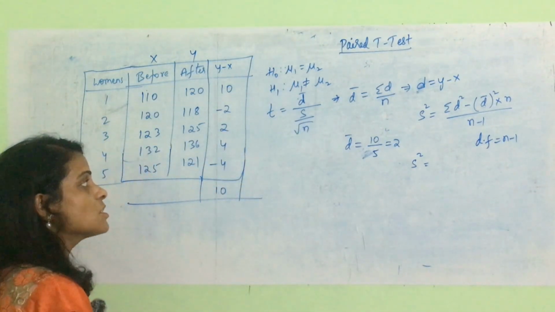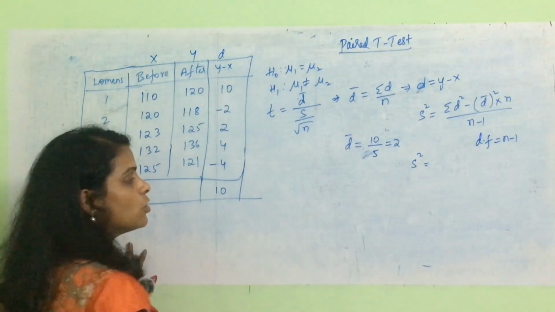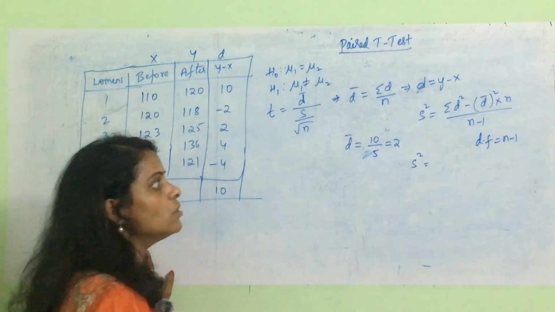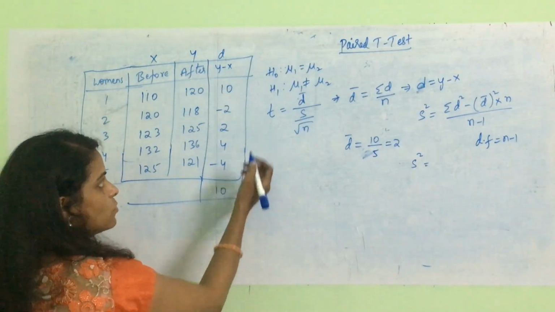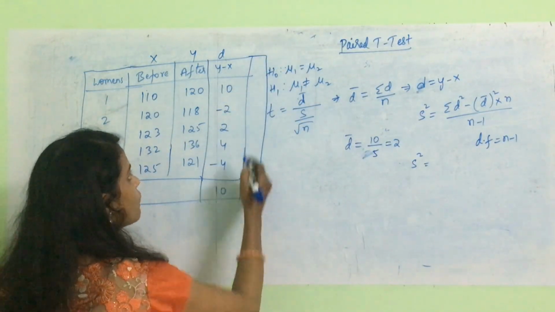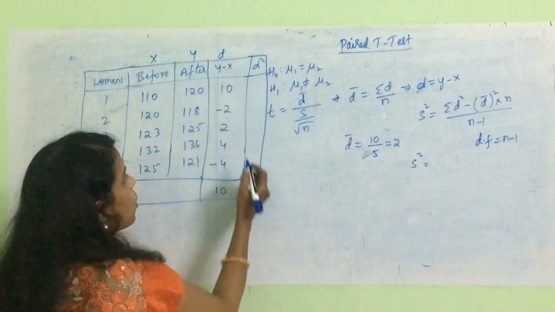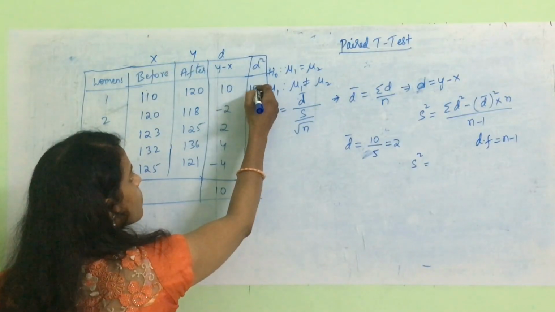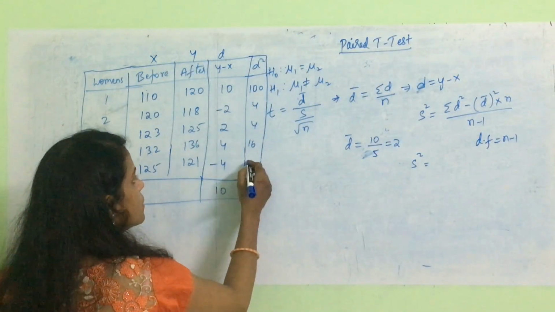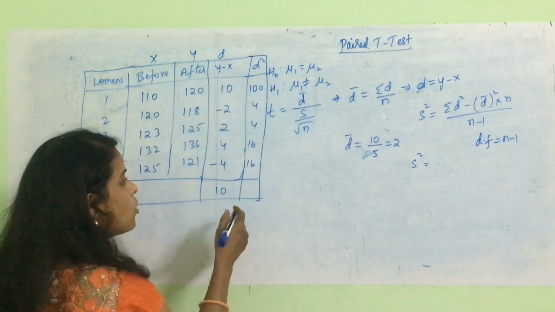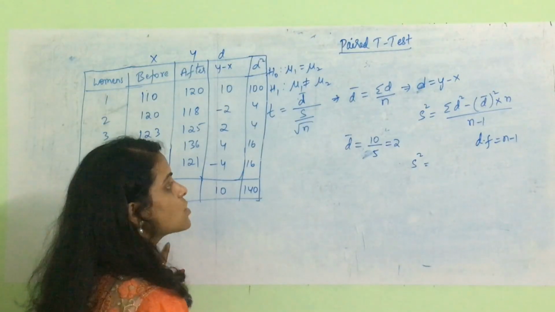We cannot find it by squaring the sum of these values, that is not right. We first find d square for each value, then add them: 100, 4, 4, 16, 16. Add all the values and you get 140.